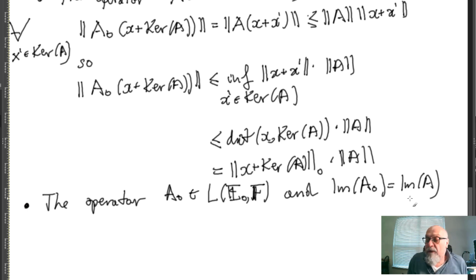And that means that we need to show that the operator A has the image closed if and only if the image of A naught is closed, and therefore we observe the next thing.